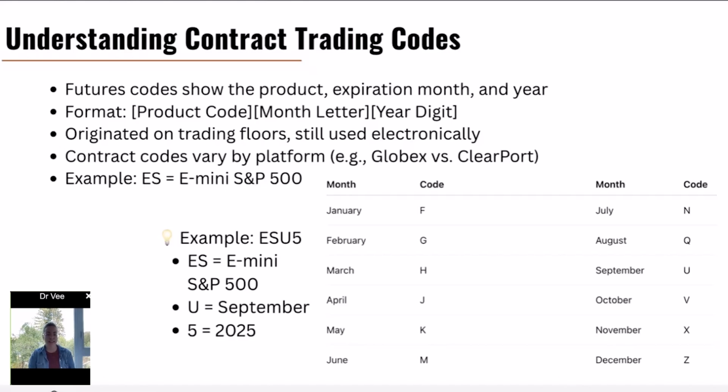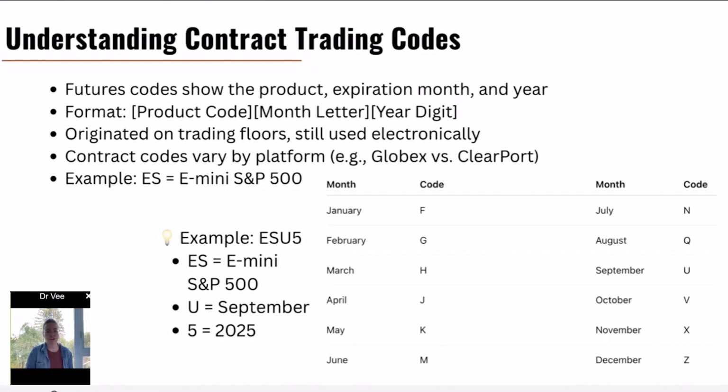Also, when you trade futures, you need to be on the right contract, okay, to make sure that you are trading the contract that is traded right now. And also you want to make sure that when you're coming close to the expiration date, that you are still in the correct traded contract, okay? And you will see that with the volume.